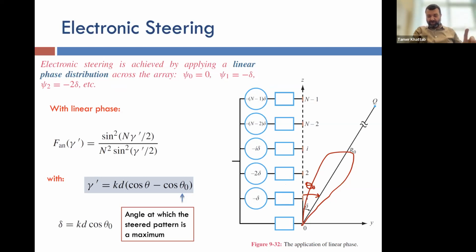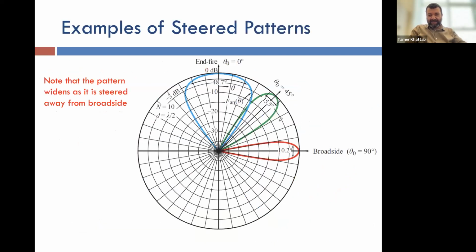If you do that, given that you have calculated delta to be this expression, you will find that the pattern of your antenna is going to change such that the main lobe is going to be in the direction of theta naught that you used in your calculation.